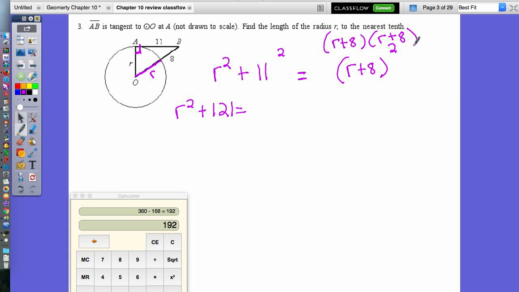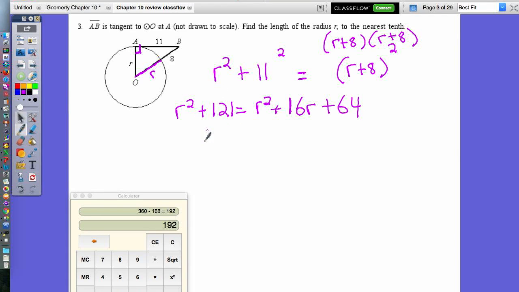I'm going to get a perfect square trinomial because this is r plus 8 times itself. r squared, 8 times r is 8r, 8 times r is 8r, that's going to be 16r plus 64.